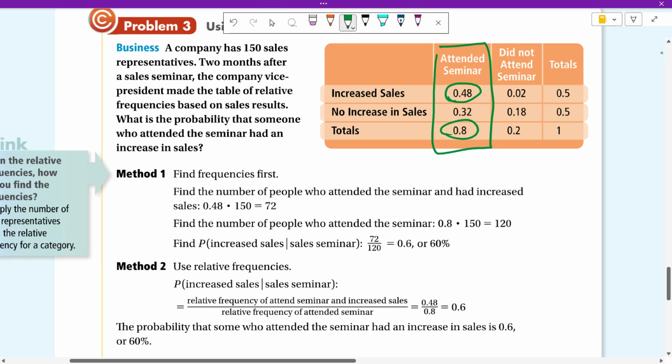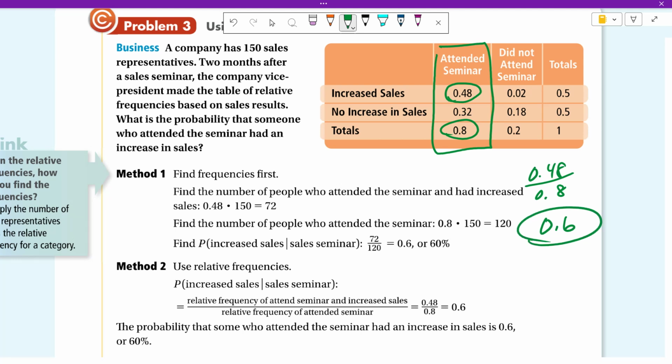So you take the 0.48 divided by 0.8. That would be 0.6. So the probability that if they attended the seminar, their sales would increase, it would be 0.6. Okay, 60%.